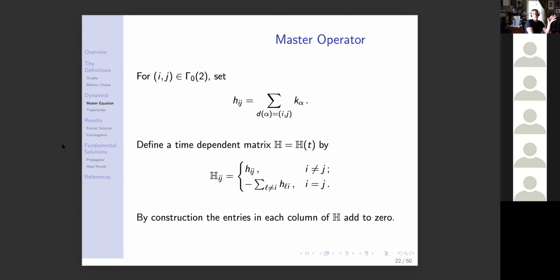So if I take the derivatives, the sum of the derivatives has to add to 0. That's why you arrange that the sum of entries in every column adds to 0. So this is called the master operator.